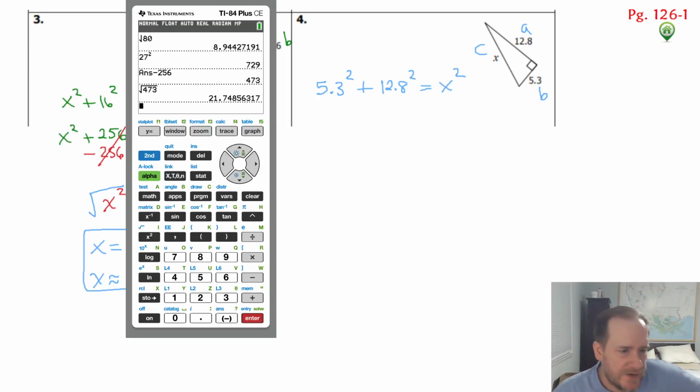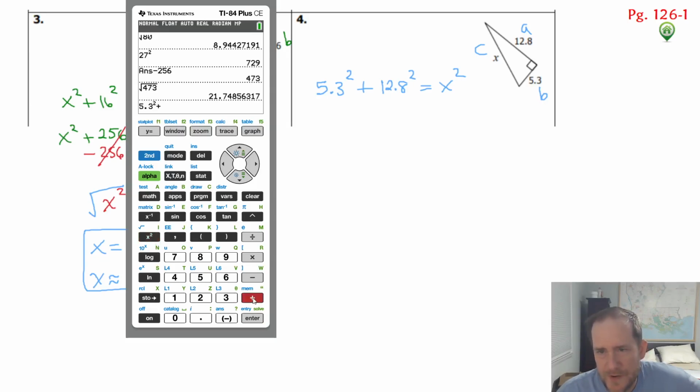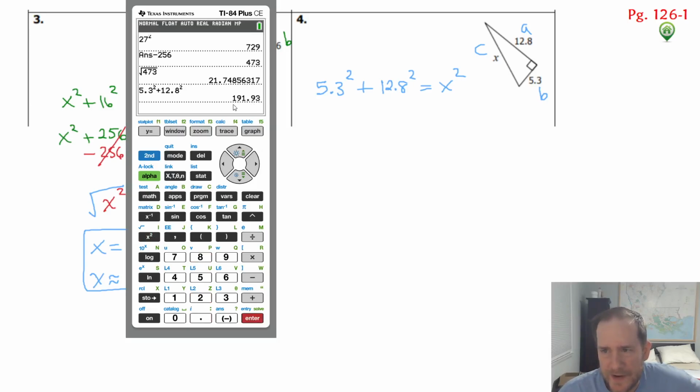So in the calculator, you can actually just do the whole entire thing. So type in 5.3 squared. And if you want, you can just add to that right away 12.8 squared. And we see we're going to get 191.93. And that equals our x squared.